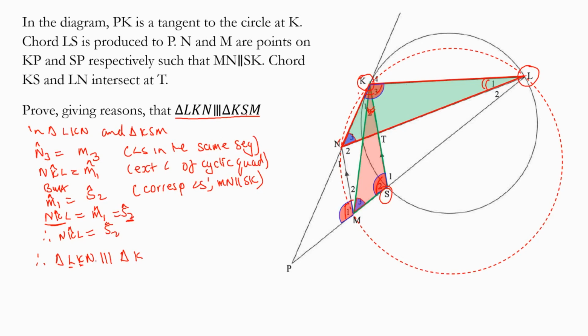It goes with angle S, and then angle N goes with angle M. Triangle LKN is similar to triangle KSM, by angle, angle, angle. We have proved that these two triangles are similar. We're going to meet when we do the next question.